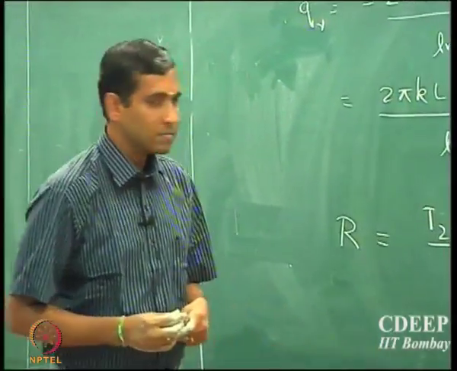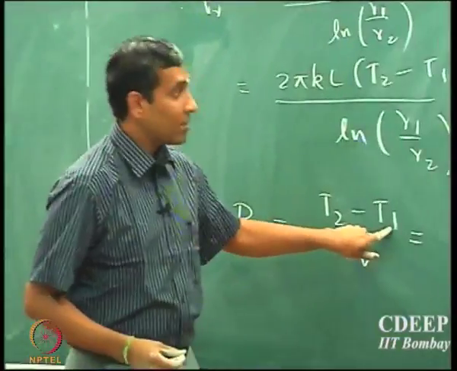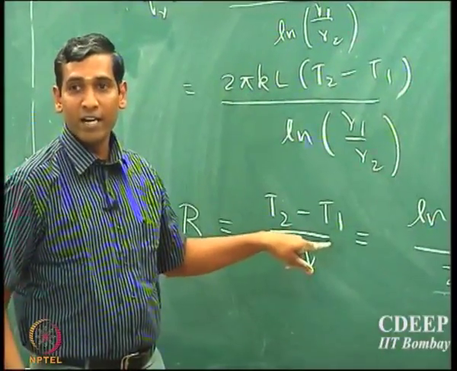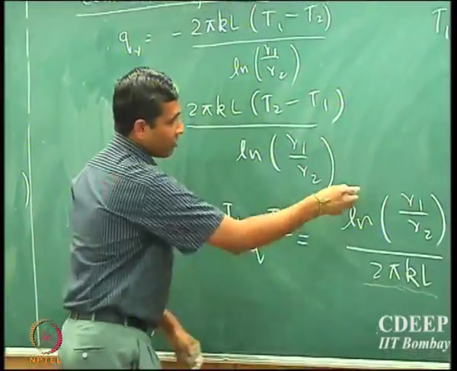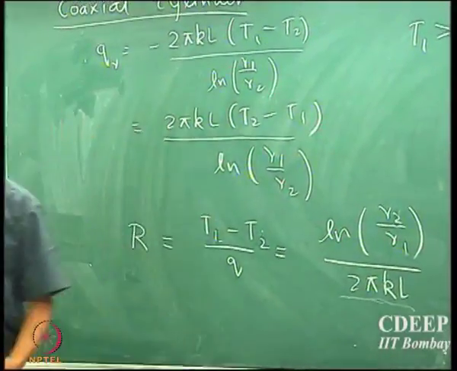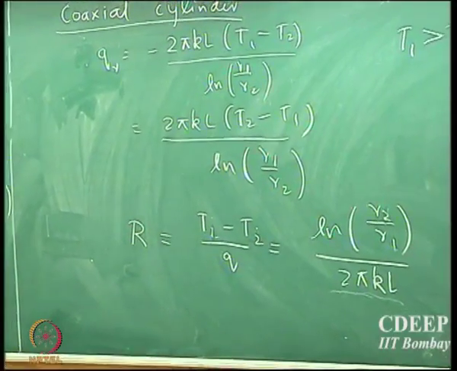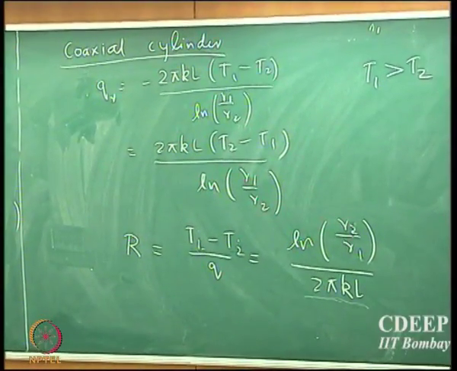Not negative, but T2. So when I say T1 is greater than T2, I have to define it so that you have R2 by R1. So depending on how you define, be very careful when you define your quantities; you have to follow the correct sign convention.